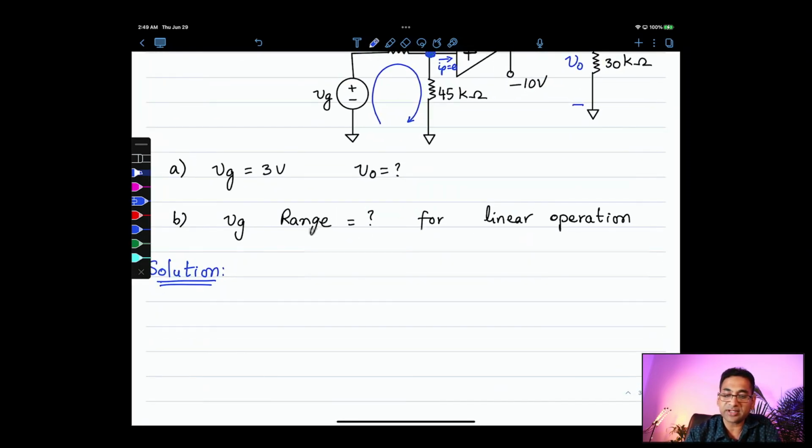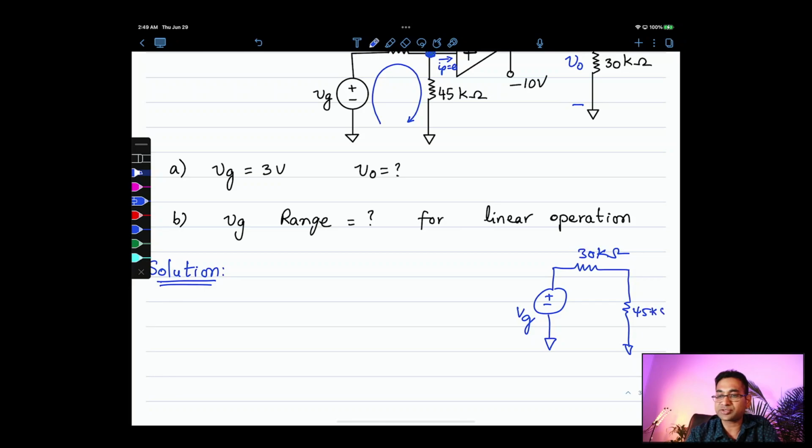Think about this. What is Vp? It is 3 volts, that's Vg. Let's write it as Vg, then 30 kilo ohms, and then 45 kilo ohms. That's Vp.